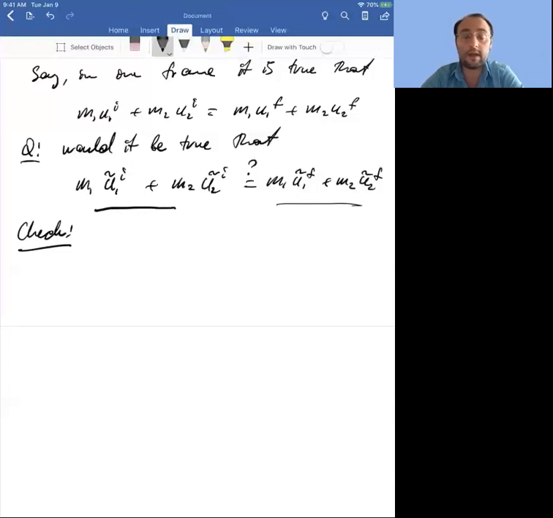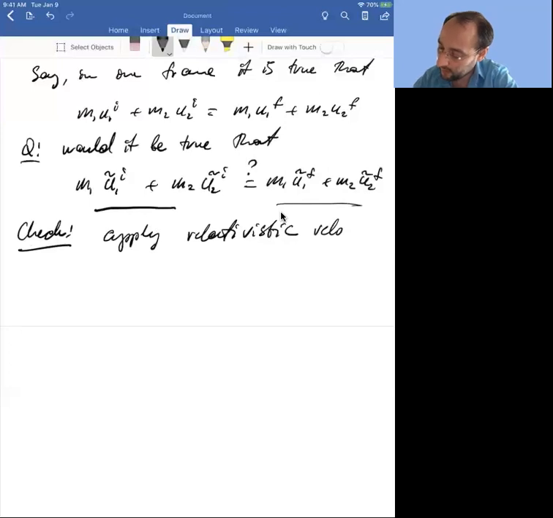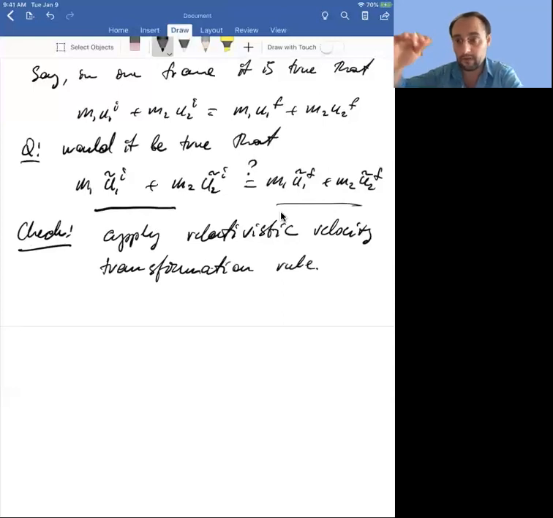So starting with the supposed momentum conservation in the unprimed frame, we can transform to the primed frame, just like you did in the homework. You did it using the Galilean velocity addition rule. Okay, now we do it correctly. So we apply the relativistic velocity transformation rule, just like in the homework, I'm following in the same footsteps.